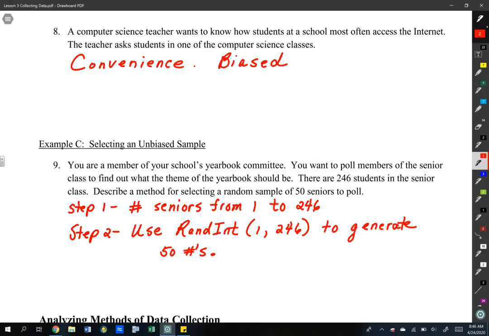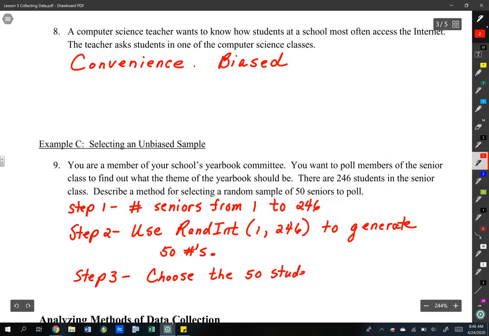And then step 3, we would just go ahead and choose the 50 students with the corresponding numbers.